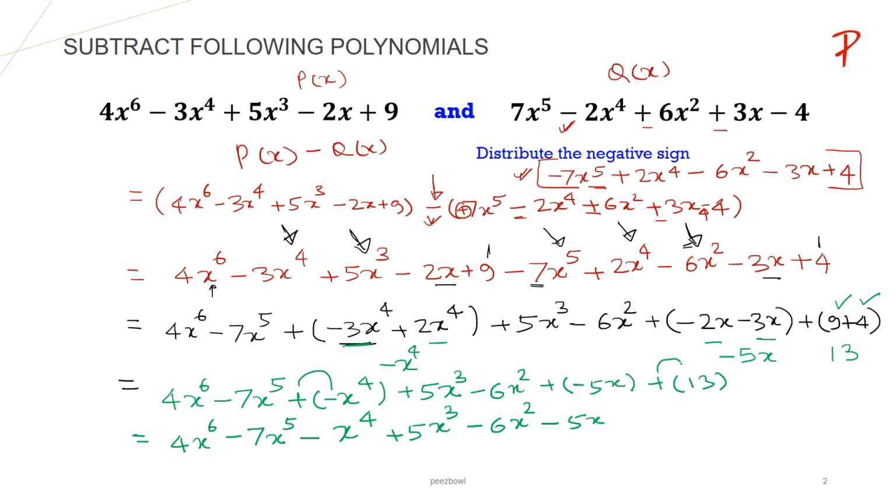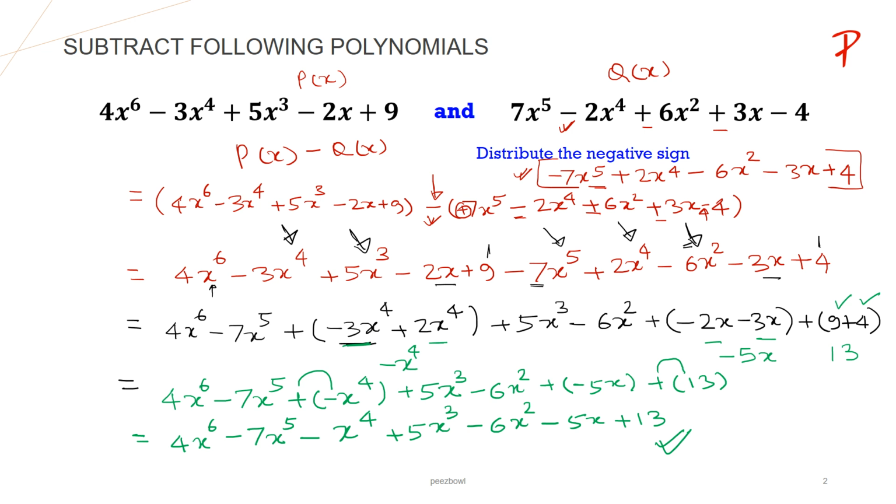When plus is multiplied by plus, this results in plus 13. Okay, so this is the answer. This is the final result when we subtract the second polynomial from the first polynomial: 4x to the power 6 minus 7x to the power 5 minus x to the power 4 plus 5x to the power 3 minus 6x square minus 5x plus 13.